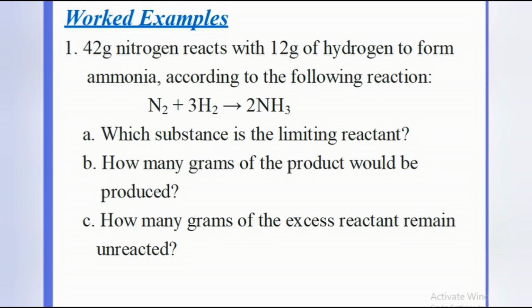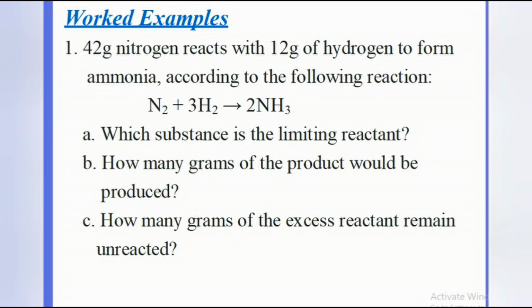In this problem, you are asked to identify the limiting reactant in A, the amount of product formed in B, and the amount of the excess reactant that remains unreacted in C.